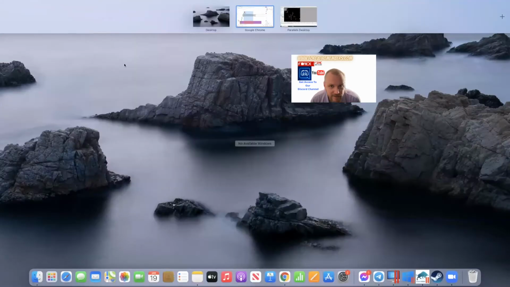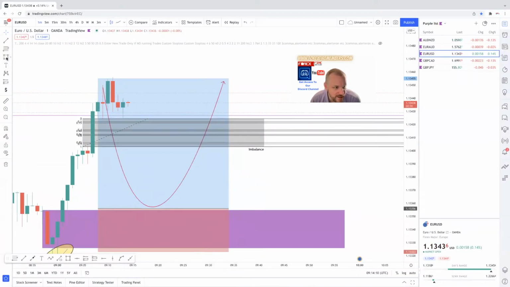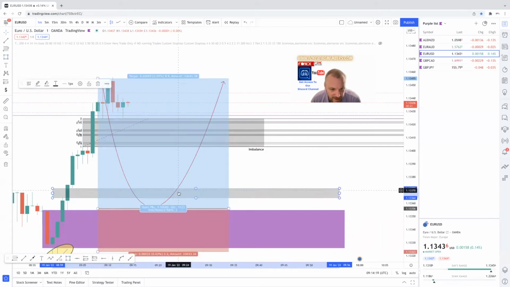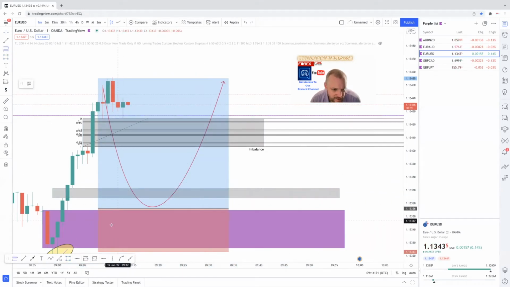And again, we have the same with, let's take a look. We've got the same in there, there's imbalance there. Let's put in the fire zones onto this.